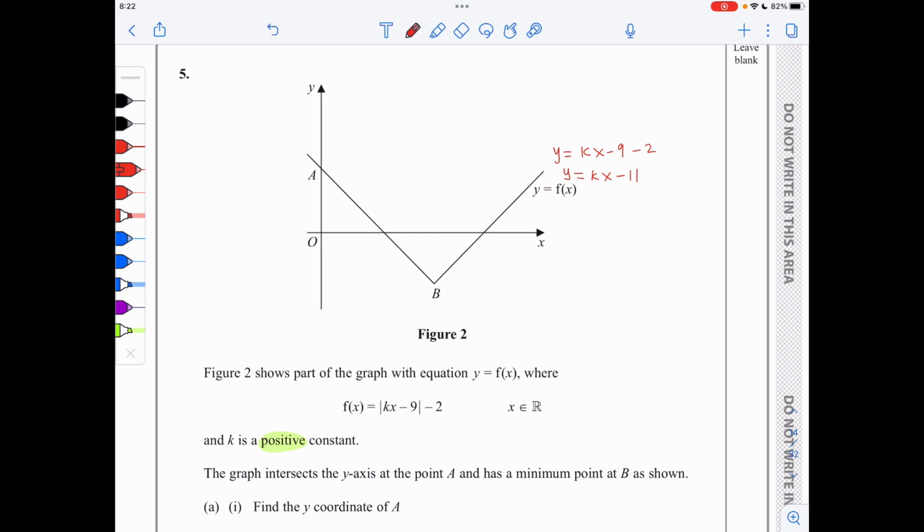Then on the left hand side, y is minus brackets kx minus 9 minus 2, which is minus kx plus 9 minus 2, and therefore this is minus kx plus 7. So this immediately leads to A having y coordinate 7, because when x is 0, y is 7.